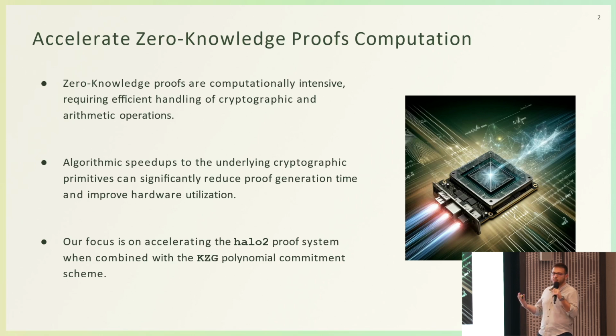Any algorithmic speed-ups on the underlying cryptographic primitives employed by these proof systems will have a huge impact on the overall computation cost, the hardware requirements, and as a consequence, the usability and adoption. What we did is to accelerate the Halo 2 proving system when used in combination with the KZG commitment scheme. And this will be the focus of today.